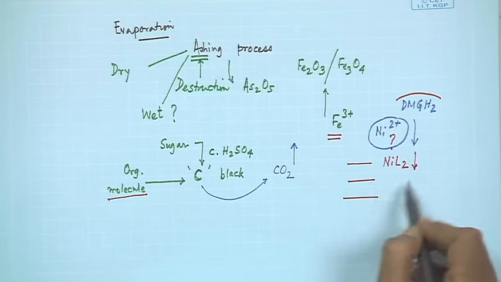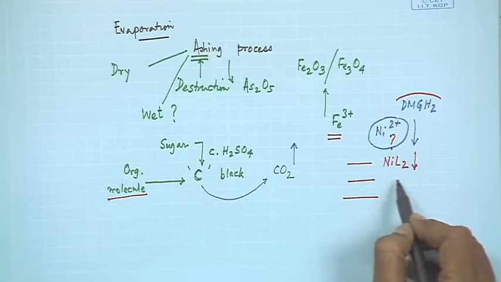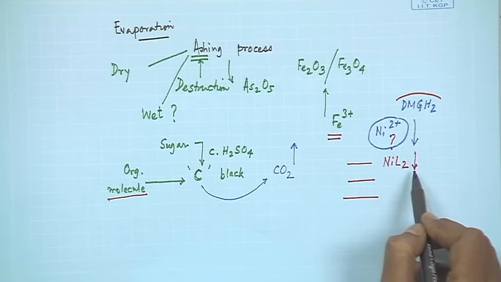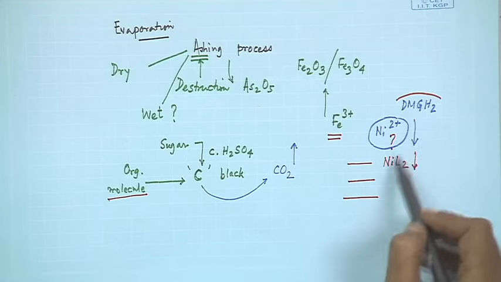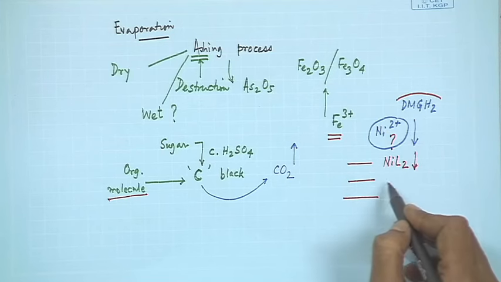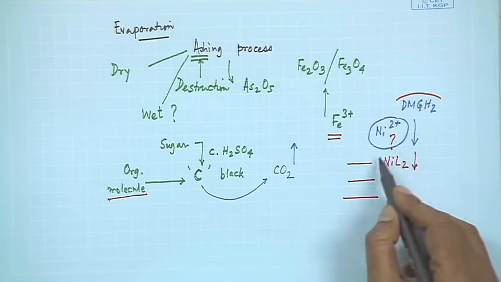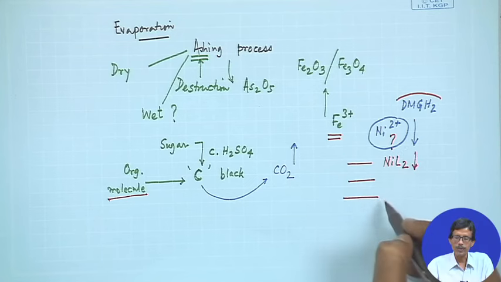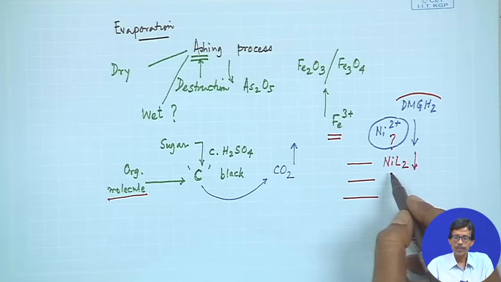We will discuss how we can use the weight of this nickel complex of DMG by gravimetric estimation. If we are able to solubilize it in some organic solvent, we can go for a spectrometric method of analysis of nickel.